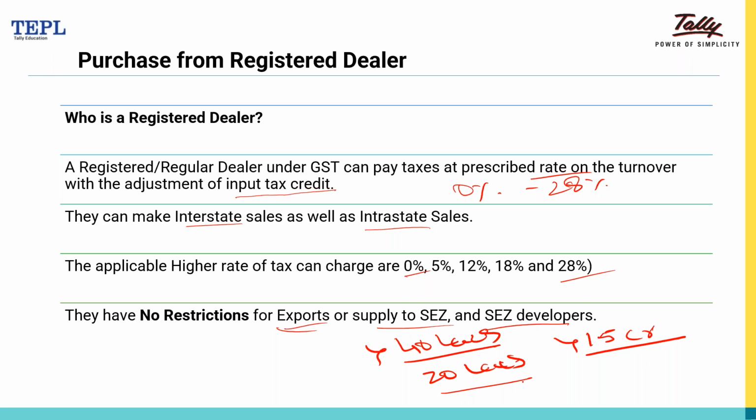But if your turnover is greater than 1.5 crore, then you need to take registration under GST as a regular dealer. Okay, clear? So now I'm going to open Tally and create a company, and record some transactions related to a regular dealer.